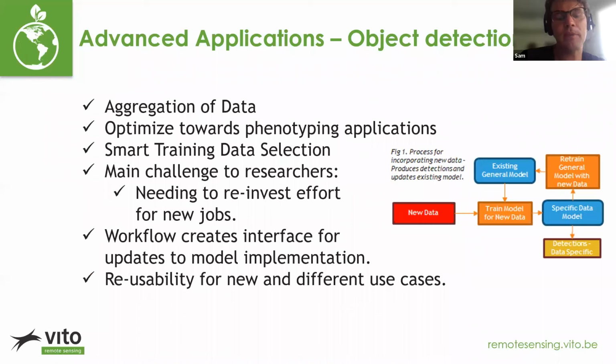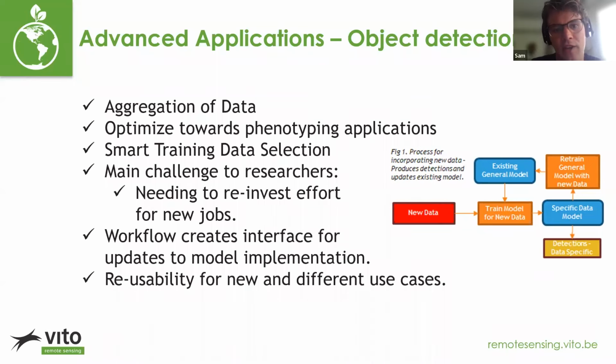And so some of the advantages, if you do want to collect data for object detection using our workflow, is that we are able to aggregate data. We, of course, ingest quite a lot of data from different applications and different sites, and this can be done either using master models, where we incorporate data from numerous researchers and numerous clients, or if you would like to keep control of your own data, you can, of course, keep it separate and have your own models developed.